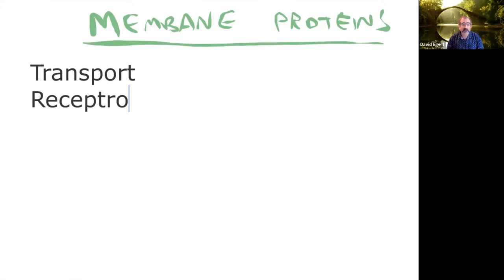Receptors, receptors. Again, kind of the eyes and the ears of the cells, how they can detect what's going on outside of them. It's going to be important both for communication between cells, like cells can release neurotransmitters, signaling molecules to talk to each other.